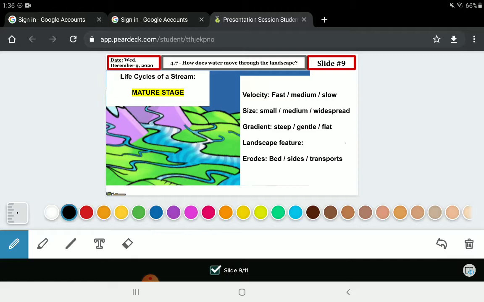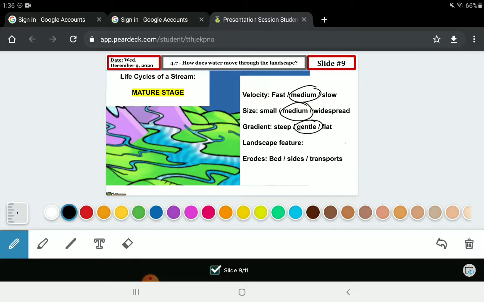So just like Iman highlighted, the velocity of these streams is medium. They are medium width. They have a pretty gentle slope. And then you can bet what comes next. They're still strong, but once they reach the bottom of this mountain, they have a lot of sediment that they're bearing.